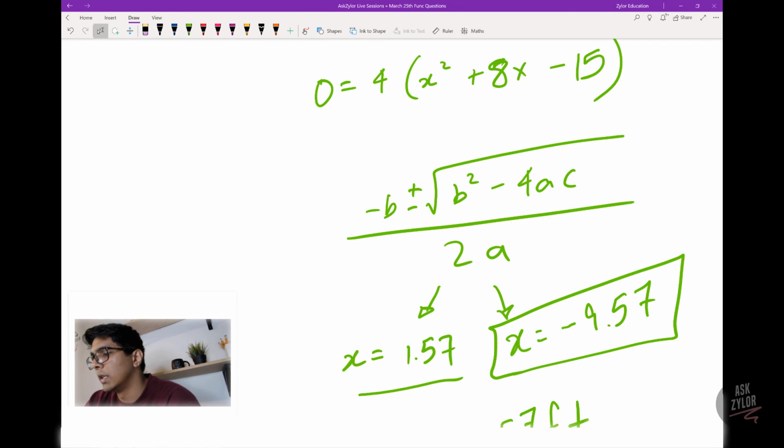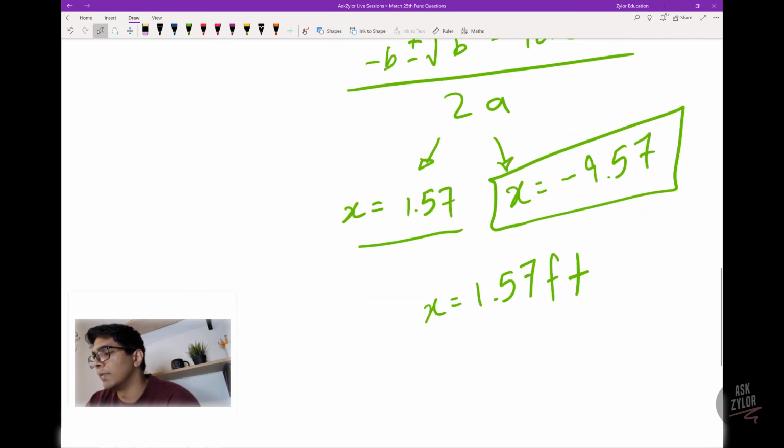You can try, but we can't really factor it, so we use the quadratic equation. Then I found two x values, so I found a negative and a positive number. But I can't have a dimension in the negative, so I used the positive 1.57, so my width of my pathway is 1.57.